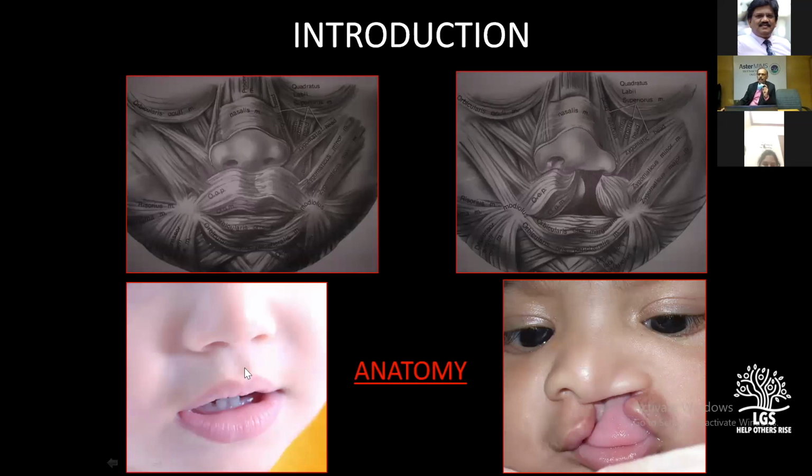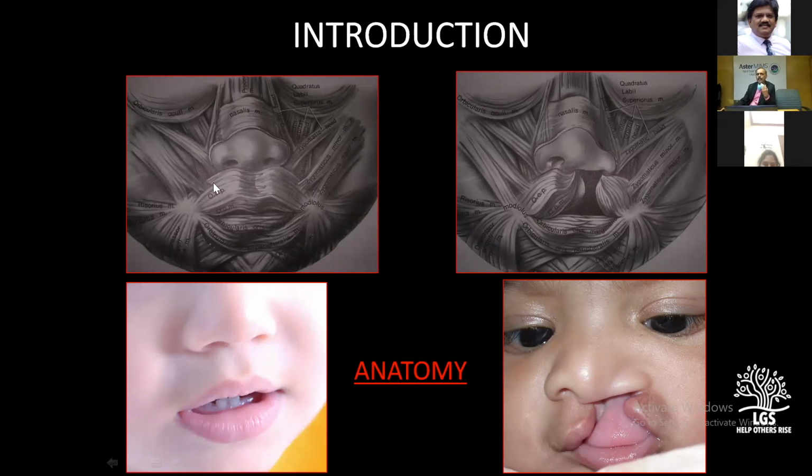You would think that's a normal child and a cleft is just a gap in the lip. But if you go down to the anatomical basis, there are a lot of things in this particular area that's cleft. When things are cleft, obviously there's a breach in continuity. Not only is there a breach in continuity, but the attachment gets skewed.